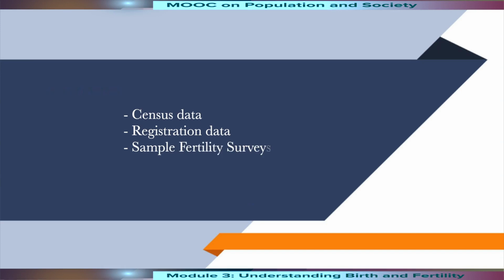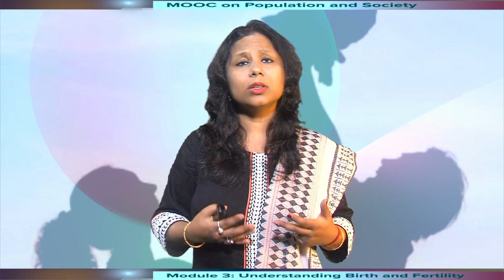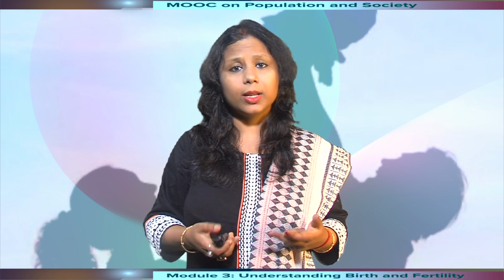The sources are census data. Next is the registration data. Civil registration system also records birth, records fertility. So civil registration data is also another important source of fertility. Then sample fertility surveys conducted periodically across the globe are also very, very important data sources for fertility.